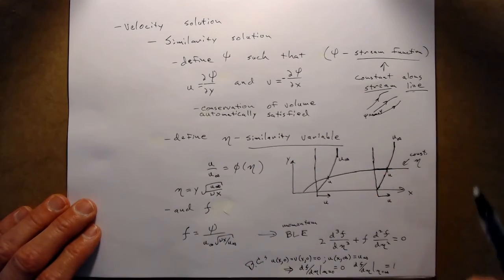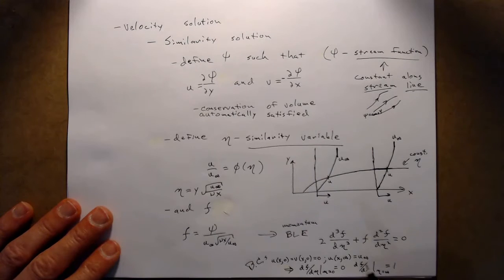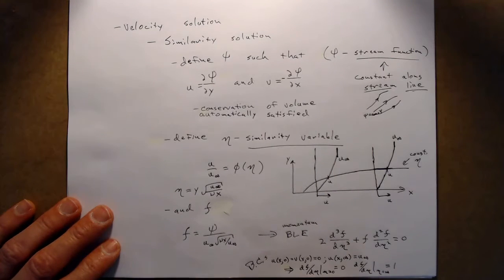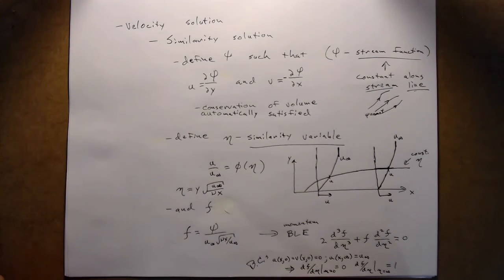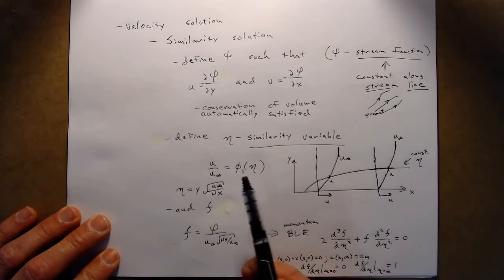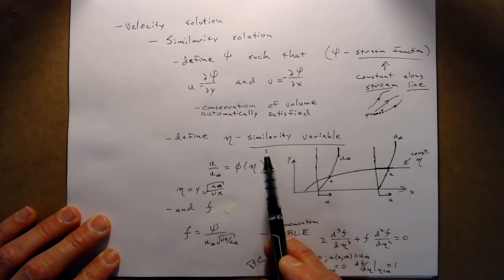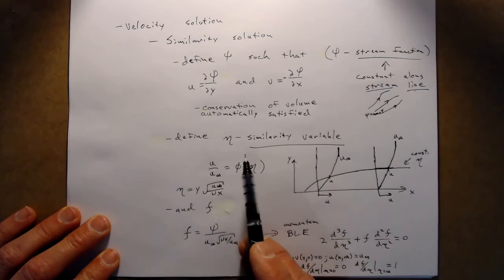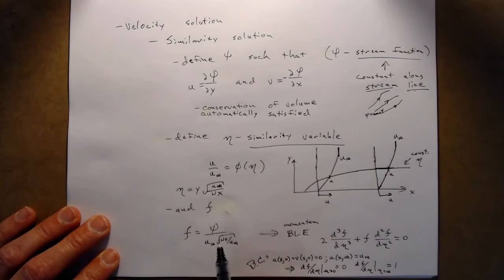So then to progress in solving the momentum equation, it makes our job a lot easier if we define a couple other variables. The first is what we're going to term a similarity variable, which we'll designate as eta.